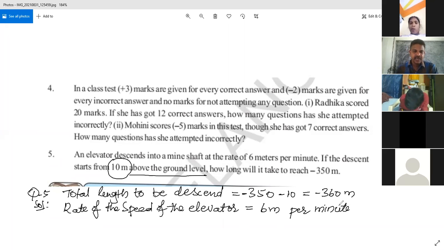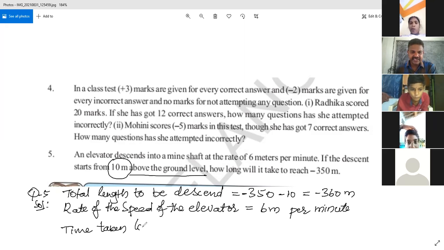What is the time taken to descent? Time taken to descent. How much distance is it? Minus 360 meters by 6 meters per minute.